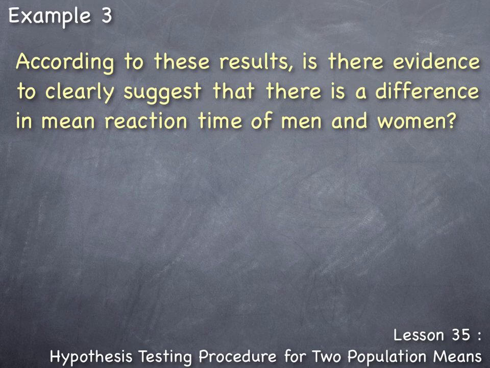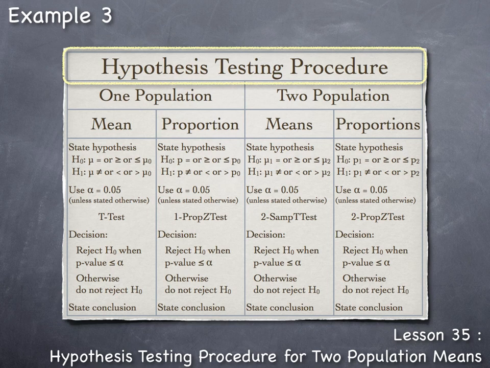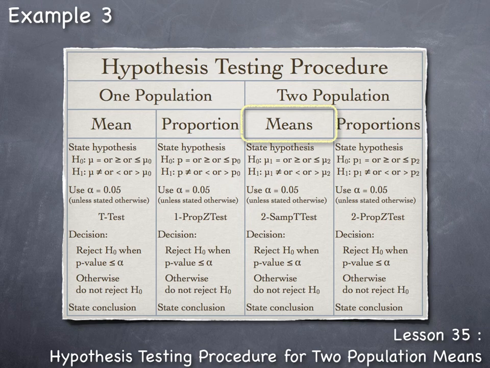So the statistical form of this idea can be expressed as mu1 not equal to mu2, where 1, the first population, would be the reaction time of men, and 2, the second population, would be the reaction time for women. Mu1 not equal to mu2 would indicate that yes, there is a difference. So we'll be conducting a hypothesis testing procedure involving two population means.